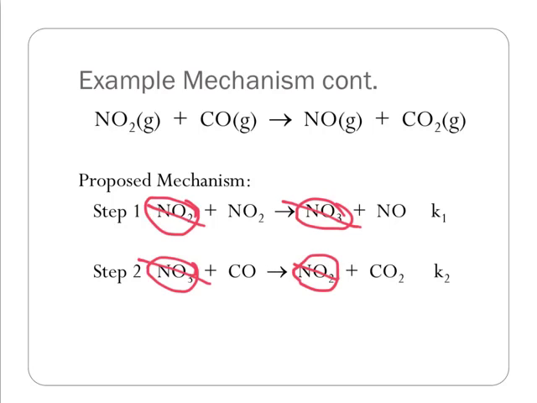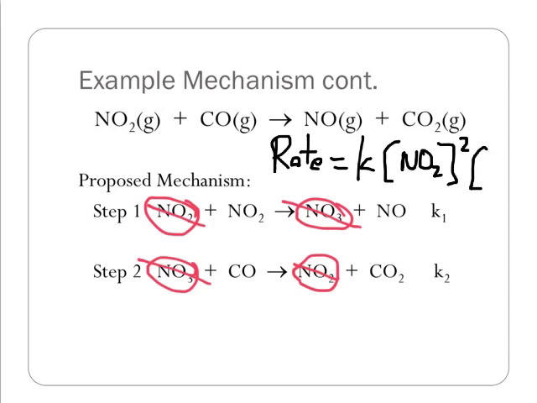Now, the second thing that has to be true about this mechanism is whatever rate law this mechanism suggests, it has to match the experimentally observed rate law. Just to remind you, the experimentally observed rate law was rate equals k times [NO2] squared, and just for completeness, I'll put the CO in to the 0th.